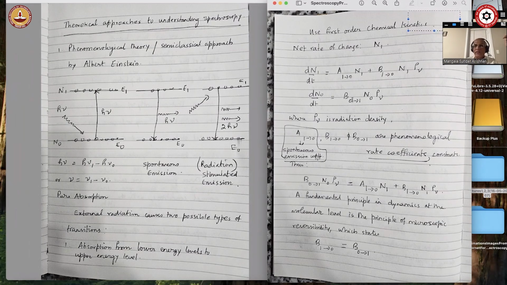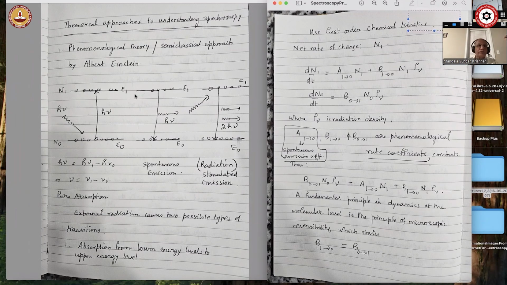B is a constant; it is the absorption coefficient from the state 0 to the state 1. Therefore, dN0 by dt is equal to the constant times N0 times rho nu. So it is first order with respect to rho, first order with respect to N0. This is step number 1.